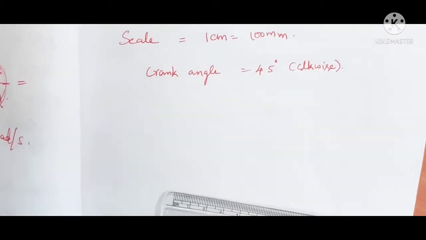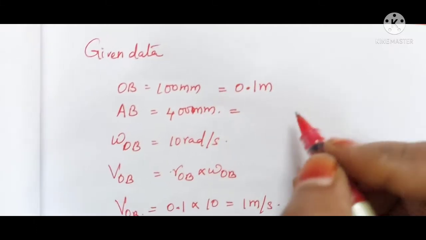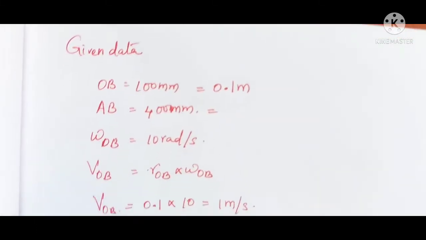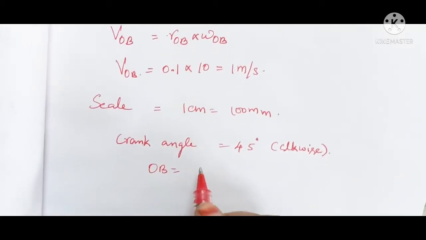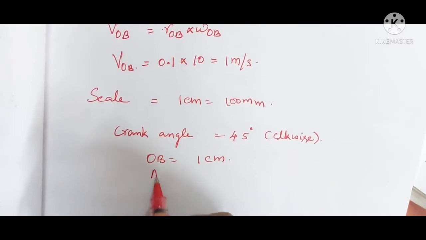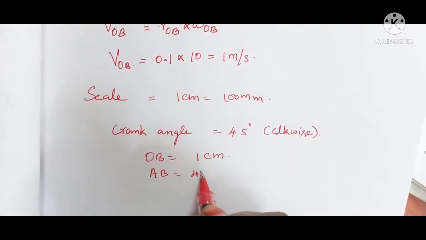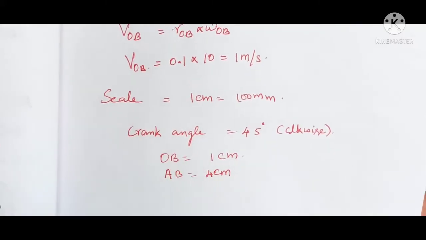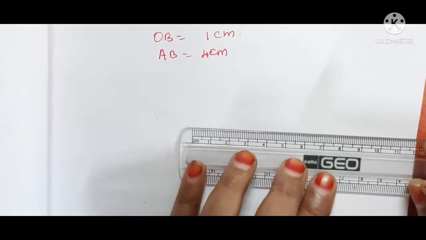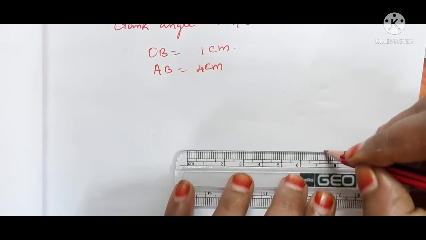Now we need to convert everything into centimeters, then only we will draw this. OB equal to 100 mm, so 100 by 100 you will get 1 centimeter, as well as AB equal to 400 mm, 400 by 100 you will get 4 centimeters. So we have the lengths of the crank and the connecting rod. Now first we need to locate one particular point.